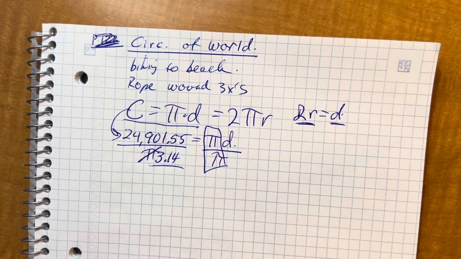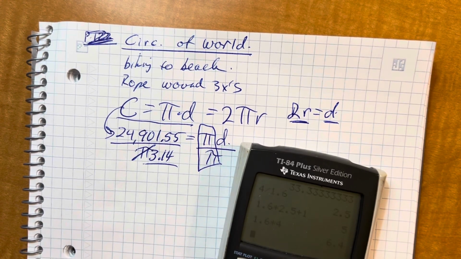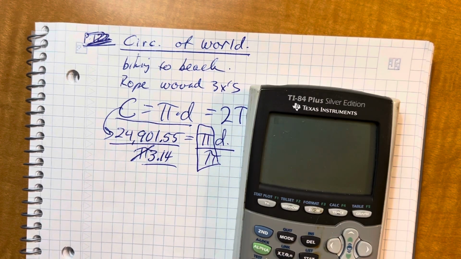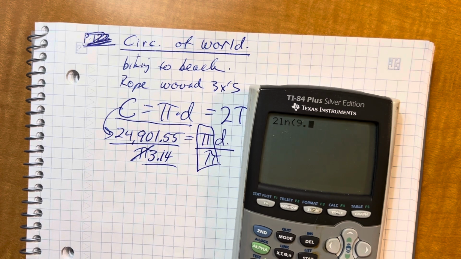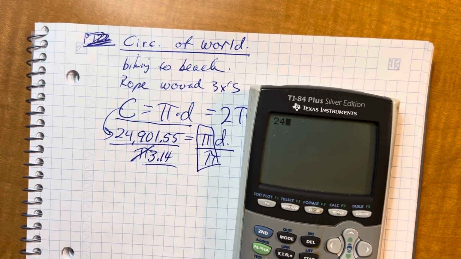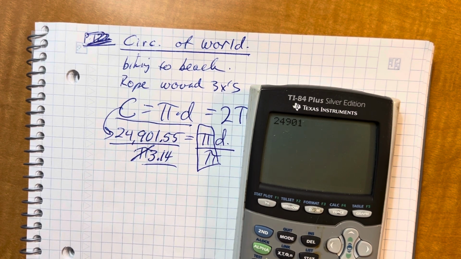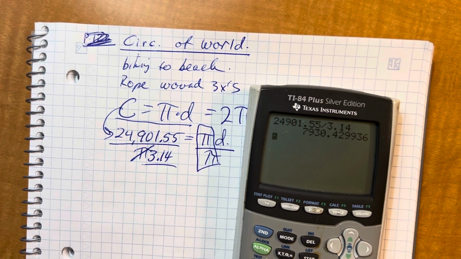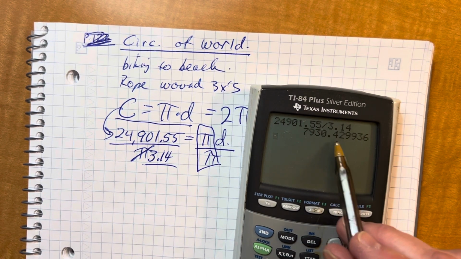And putting it into the calculator, 24,901.55 divided by 3.14. You're going to get about 7,930 and a half.